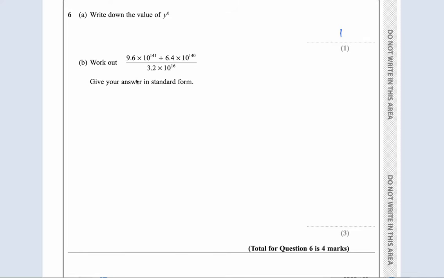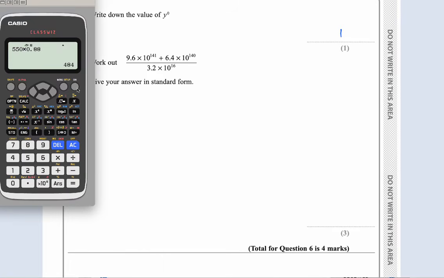Okay, now this is a very interesting question, guys, because I don't think my calculator can deal with this because that number is so big. 9.6 times 10 to the power of 141 plus 6.4 times 10 to the power of 140 over 3.2 times 10 to the power of 16.